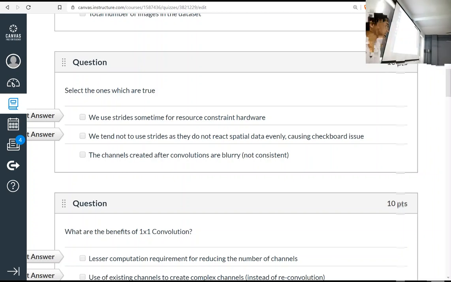When you're looking at strides, you're going to be reading some pixels more and some pixels less. If you go back to assignment 1, you will remember that you were supposed to make the blur kernel, and this is exactly what you did in your blur kernel also. You're trying to merge pixel values from different areas into a new pixel, right? You're bleeding the values, and this is what is going to happen if you're using any kernel with a stride of more than 1, where the checkerboard issue is going to come in.